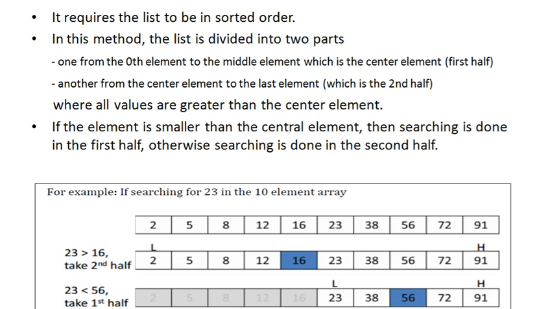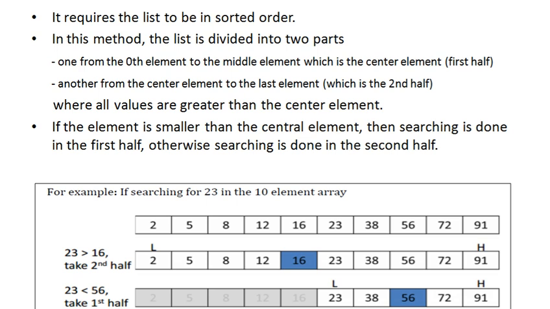This happens because the list is sorted. If the element is smaller than the middle element, then searching is done in the first half and the second half is totally ignored. If the element is bigger than the middle element, then searching is done in the second half and the first half is ignored.